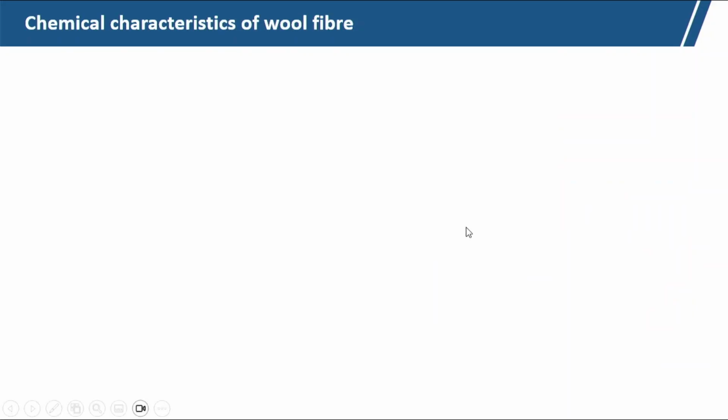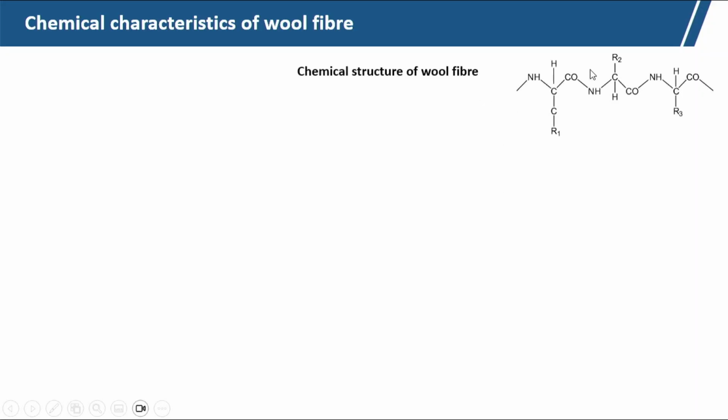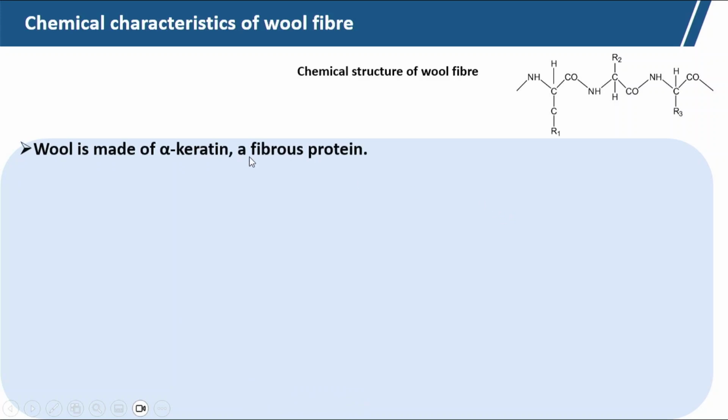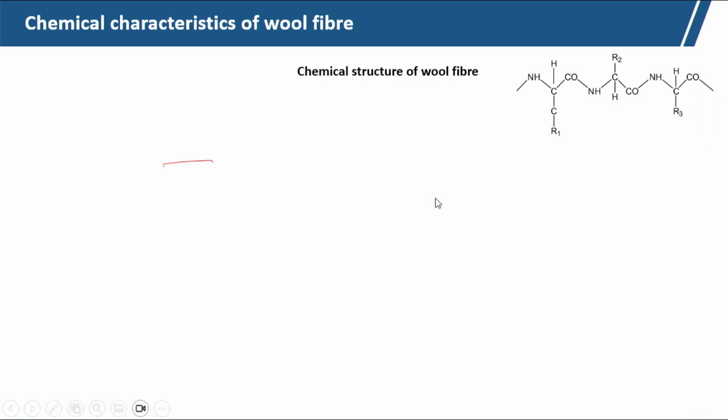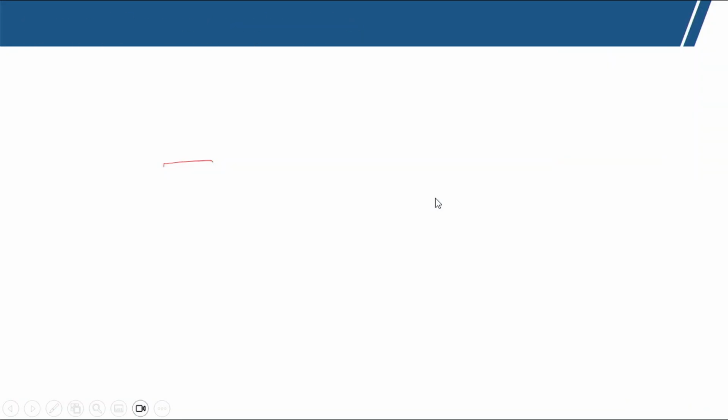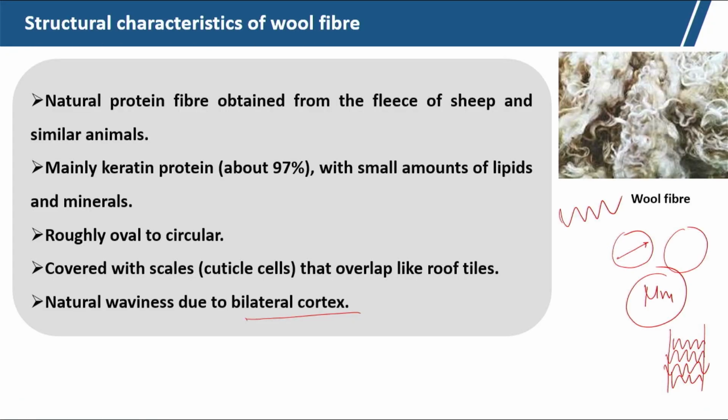Now, chemical characteristics of wool. If we see the chemical characteristics here, wool is made of alpha keratin fiber, a fibrous protein. Alpha keratin is mainly, as we have discussed earlier, 97% keratin.